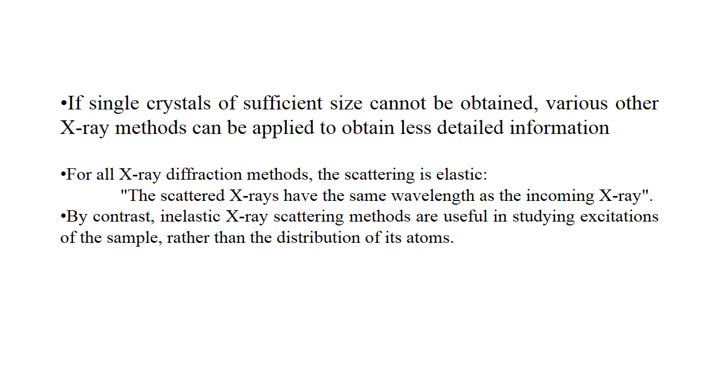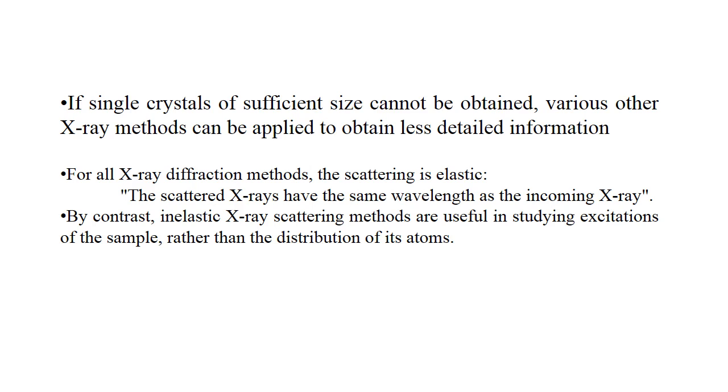It means, on the basis of the size of the crystal, we can apply different techniques. If the crystal is in nanocrystalline form or nanocrystalline powders, we have to determine the atomic structure of that crystal by using electron crystallography.